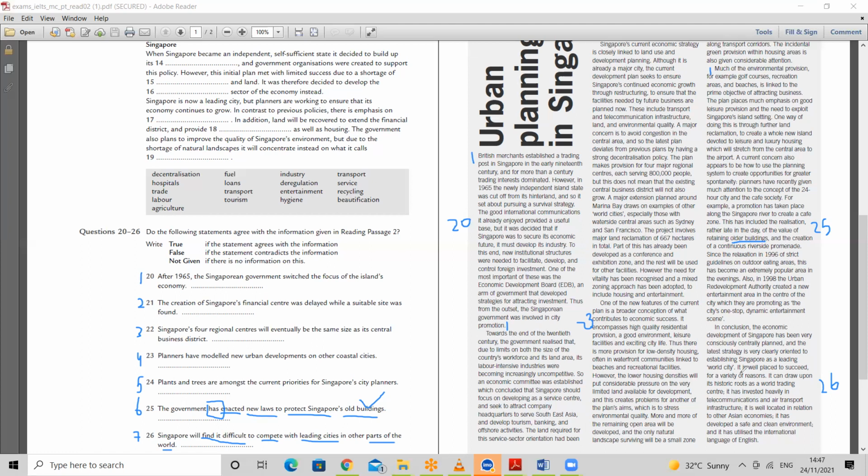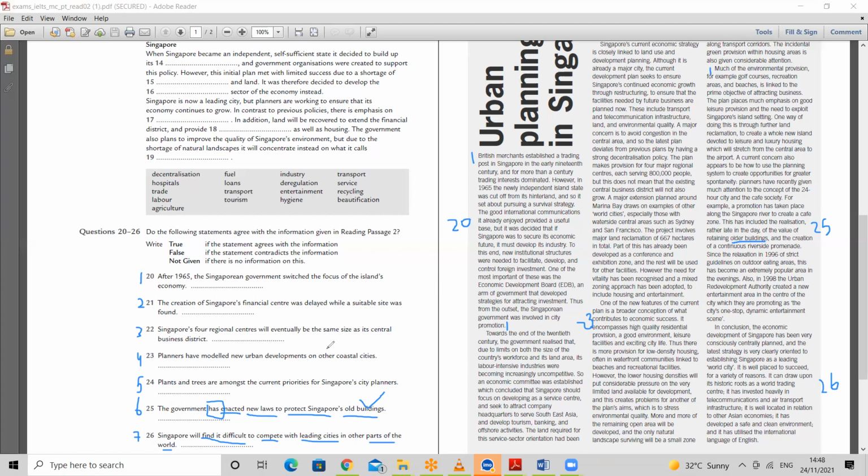Now let's look at another question and we'll decide which paragraph we're going to look at. So let's look at question number 23. And we know that the information or the answer should be in the fourth paragraph, which is right here. Okay.